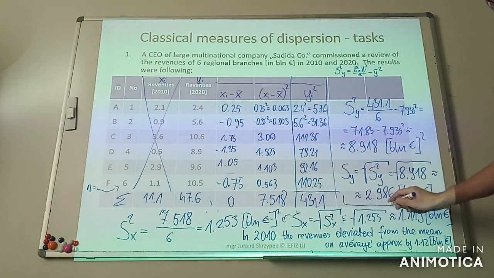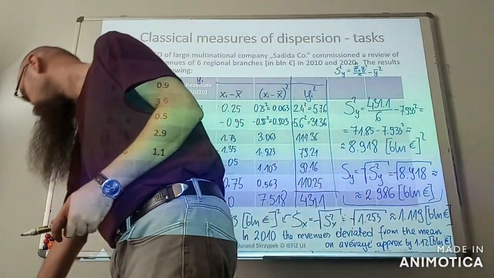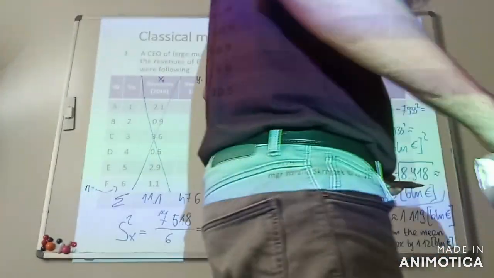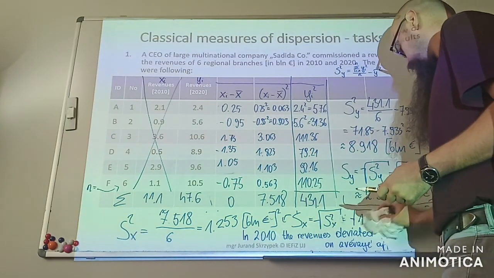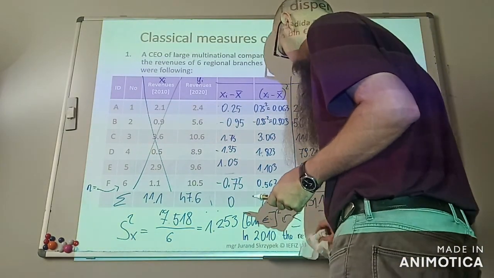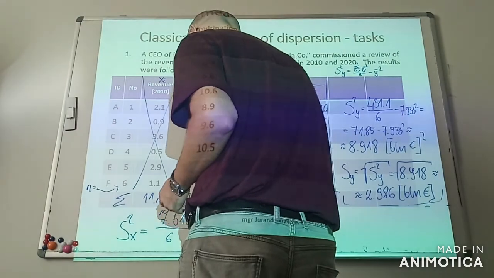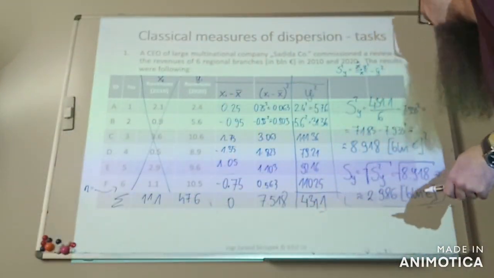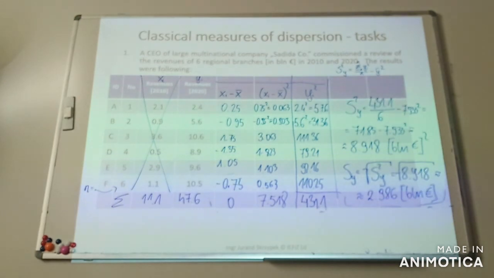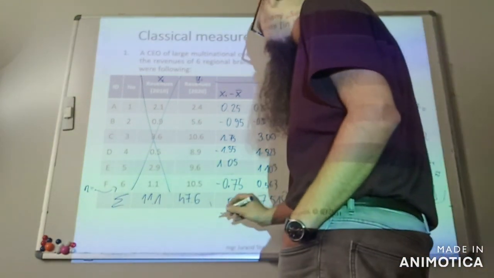This is the average deviation of the revenues values from the mean in 2020. So we can write it down.